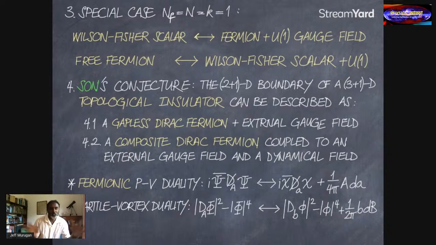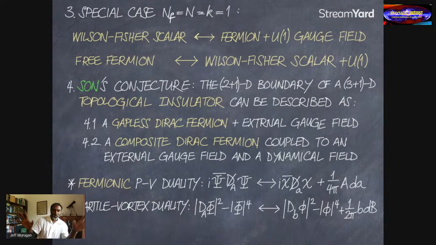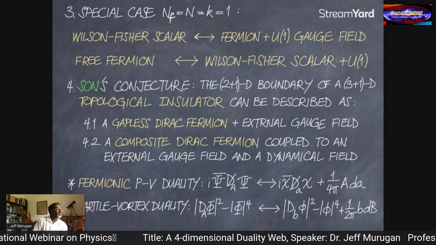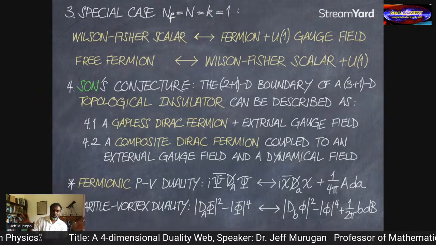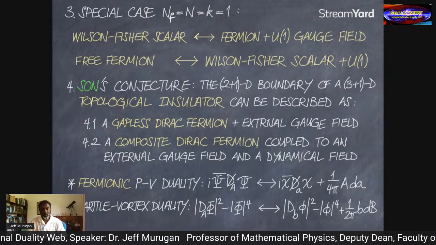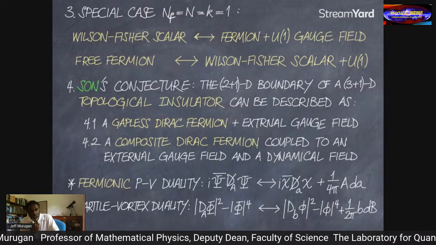It's saying I have two theories. They're both bosonic theories. In the one theory, I have a particular solitonic excitation of the field. In the other theory, that solitonic excitation is interpreted as a particle, and vice versa. The particle in the one theory is the soliton in the other one.